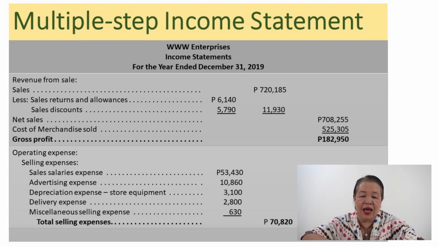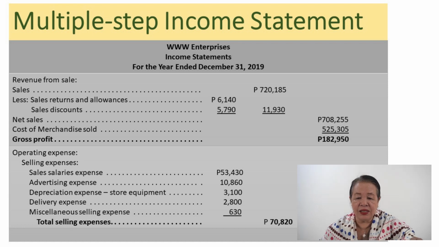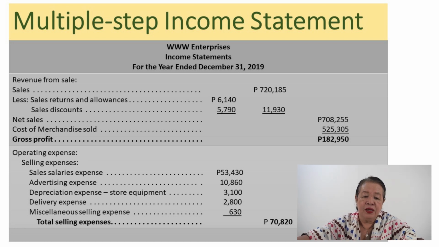Yun naman na benta. No? So, net sales natin 708,255 and based on the total, ang total na merchandise sold is 525,305. No? So, how much is the gross profit? The gross profit is how much? 182,950. No?